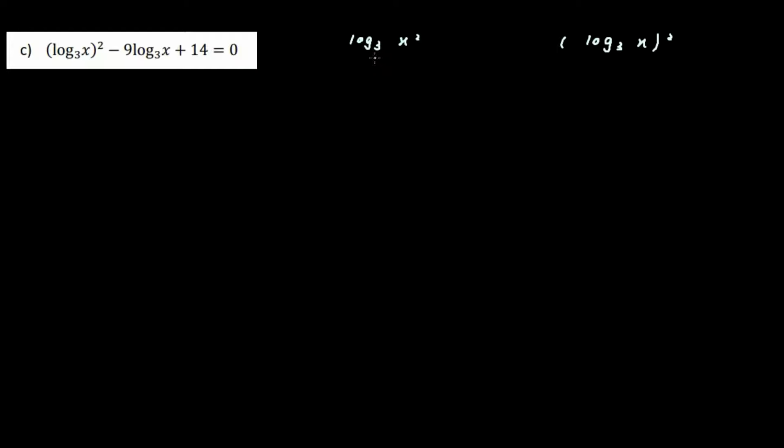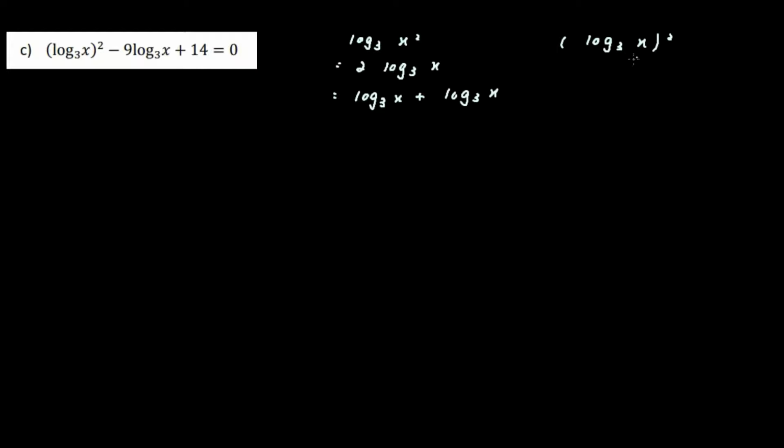For this one, you can bring the power forward and it becomes 2 log base 3 of x. So this means log 3 x plus log 3 x, which gives you 2 log 3 x. Then when you simplify, you can always bring the 2 to become the index of x.